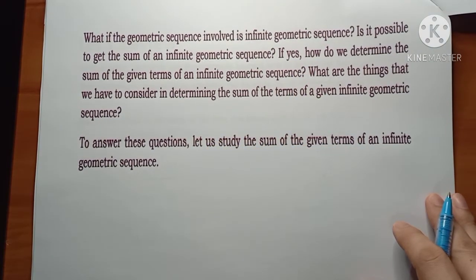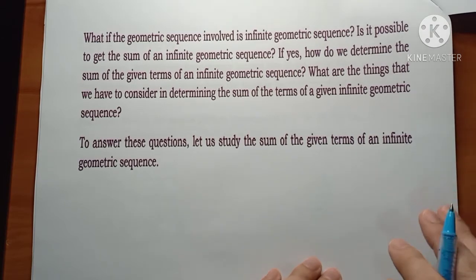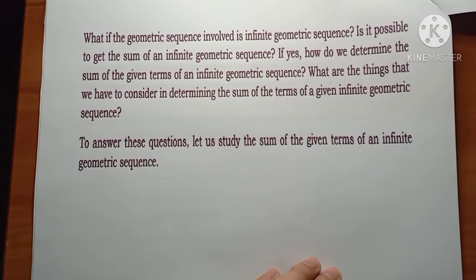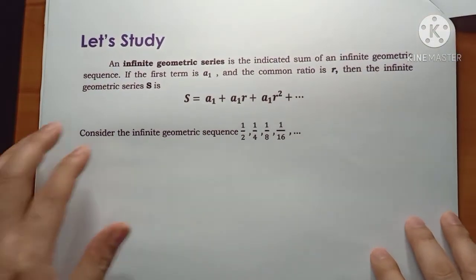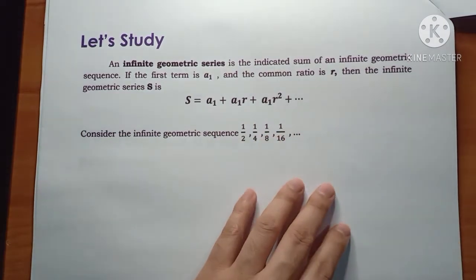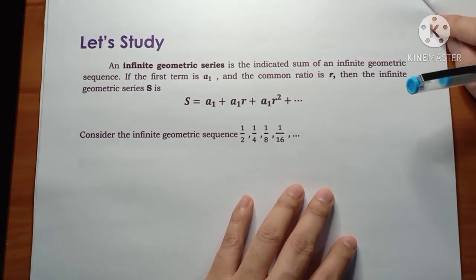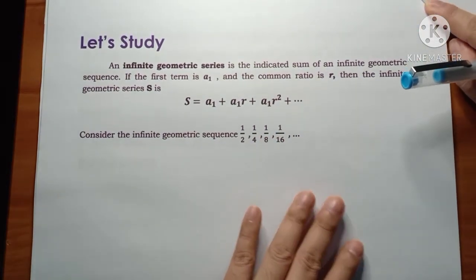So, ano ang mga dapat gawin na i-consider natin to determine the sum of the terms of a given infinite geometric sequence? So, para masagot natin itong tanong natin na ito, let us study the sum of the given terms of an infinite geometric sequence. So, ito lang yon. So, an infinite geometric series is the indicated sum of an infinite geometric sequence.